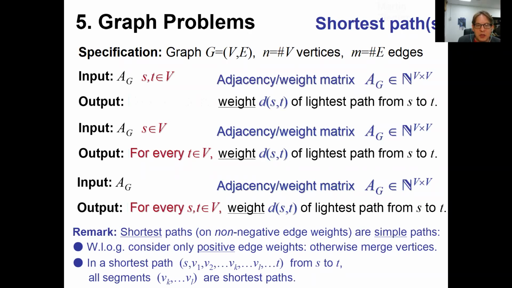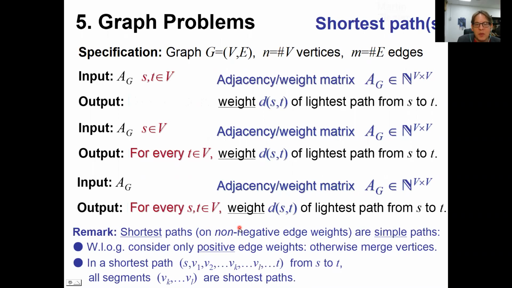If we have a shortest path from S to T, and that path visited some other vertices, let's say V1, V2, Vk, Vl, then any segment of that path, let's say the subsegment from Vk to Vl, is again a shortest path.